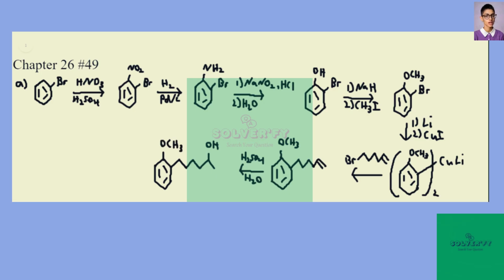Okay, and so we also should note that we would get two enantiomers here, and that is the product that we're looking for. Okay, and so that's just A.